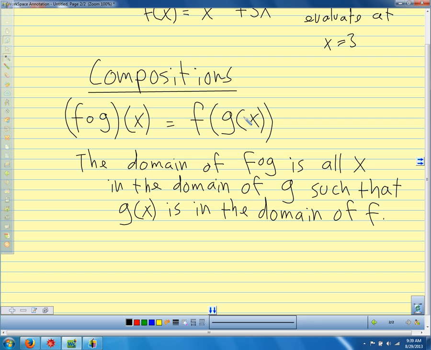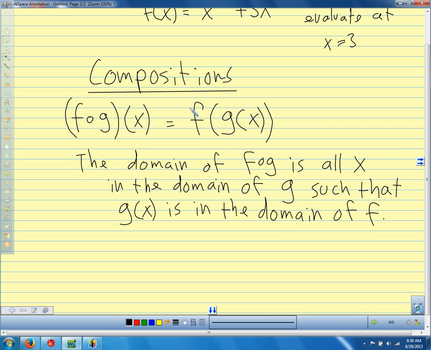We have to take into account the domain restrictions of the inside function, and then take into account the domain restrictions of the outside function. That's kind of how I make it. And we'll do an example of when that's important. So when we're making compositions, we have to take into account the domain restrictions of g.